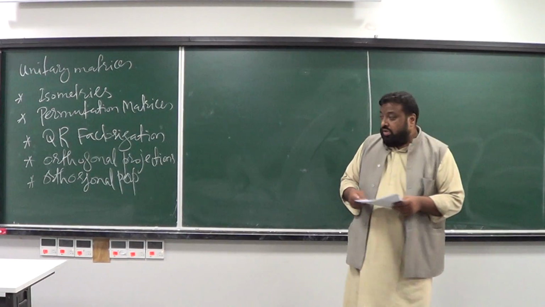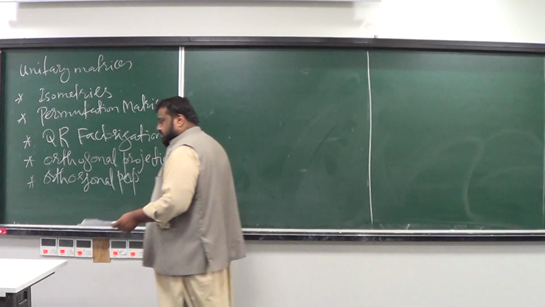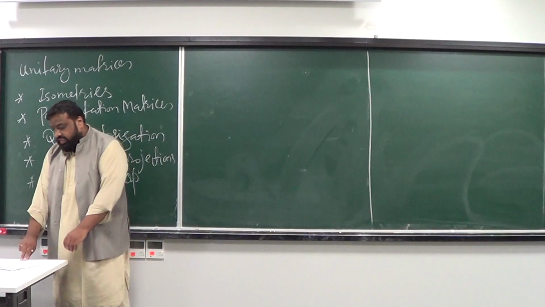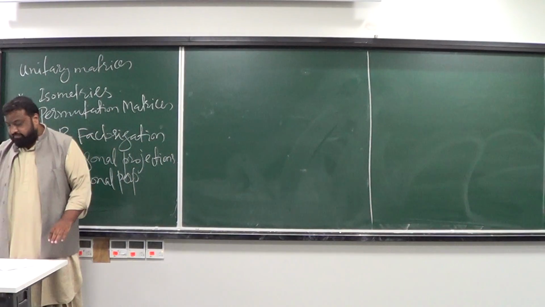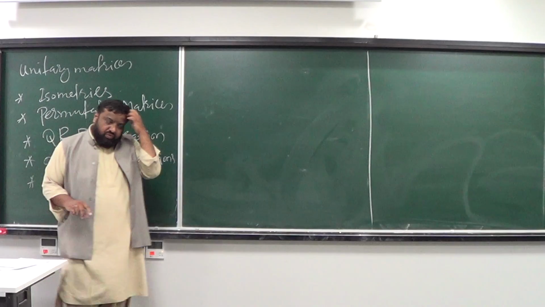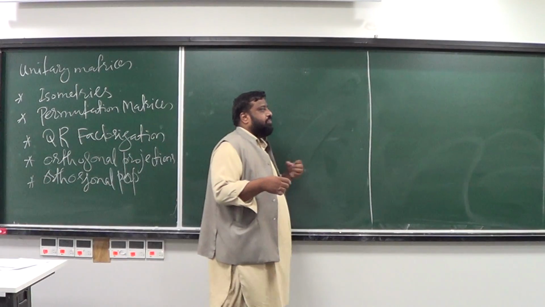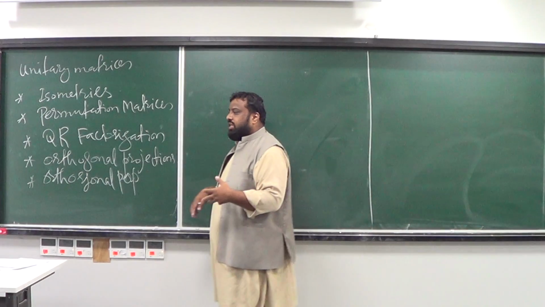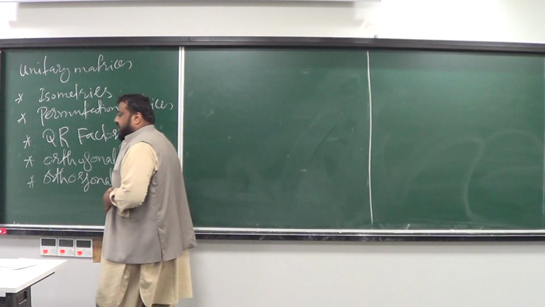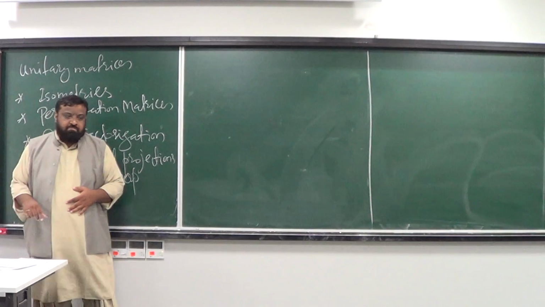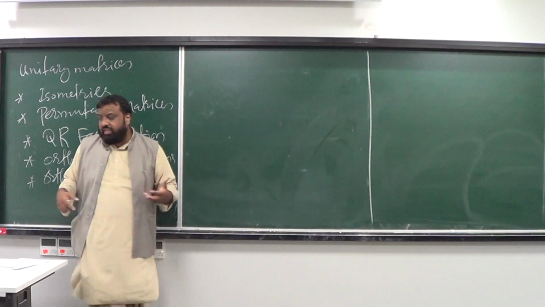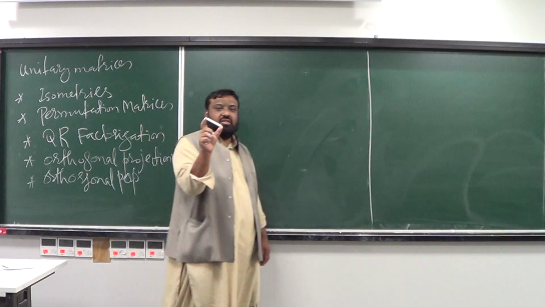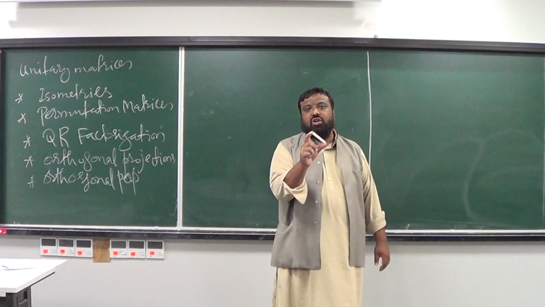Okay, so let's start with isometries. We all know that linear transformations can be interpreted in many different ways. For example, think about the rigid motion of a chalk. Take this chalk and carefully look at it.